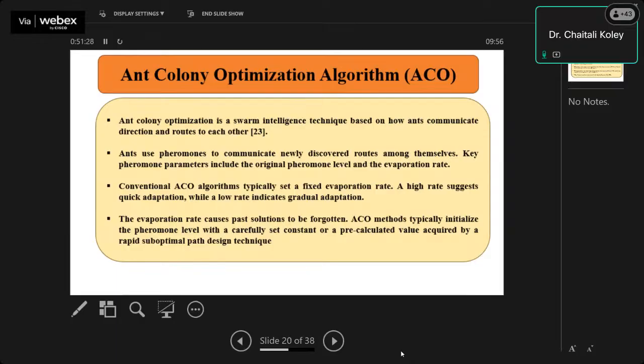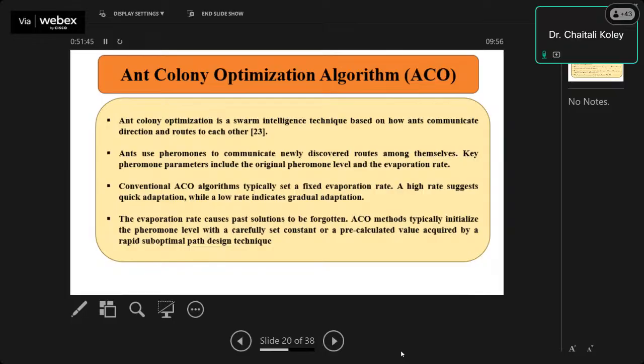When they reach earlier, the pheromones will be there, so the path is also indicated by the pheromones, and the probability of selecting it is higher.